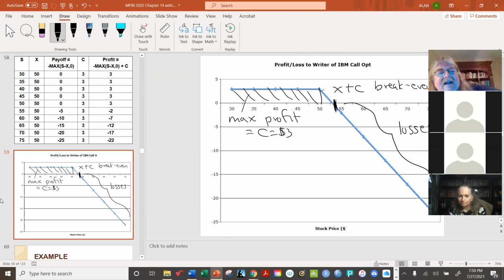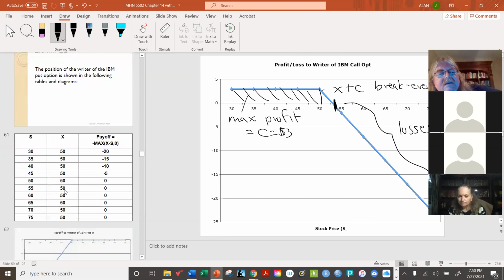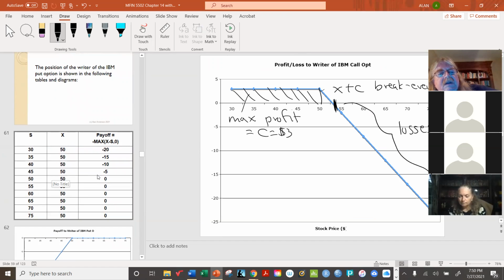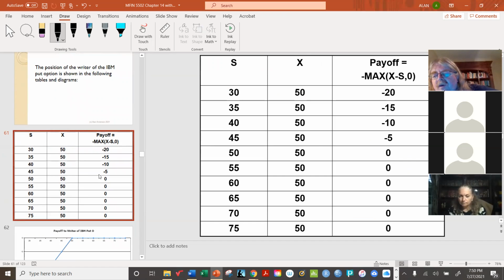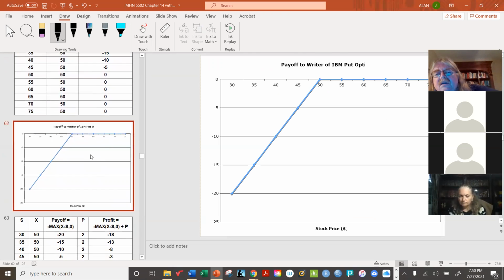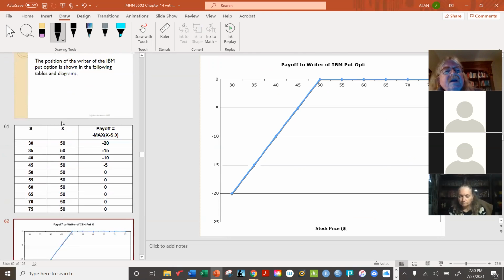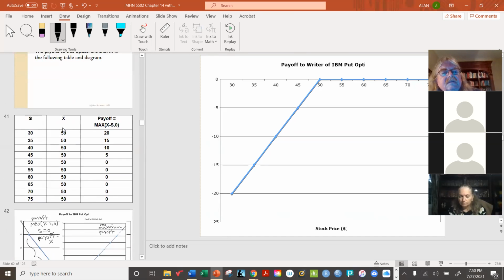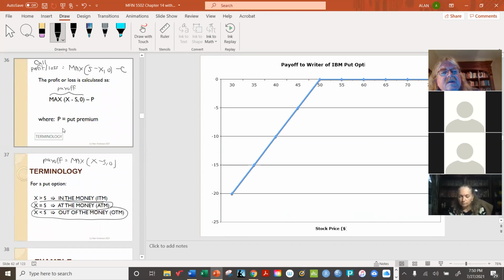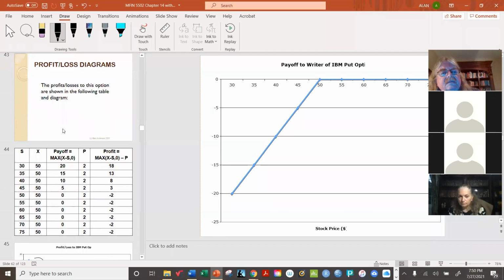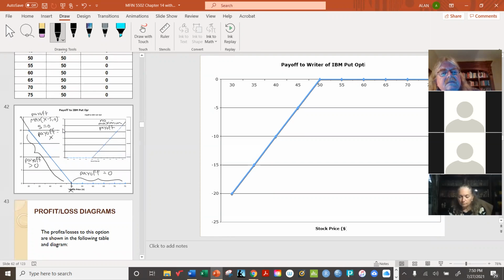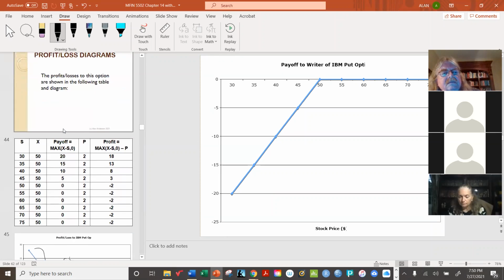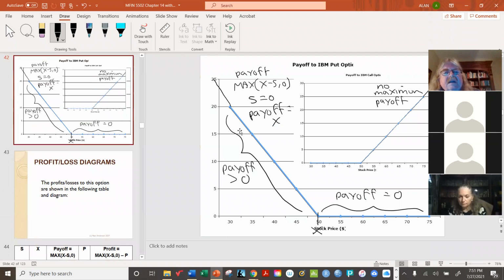All right. Now, what about the puts? Well, the put is going to be the reverse of what we had for the buyer. So let's take a look. Let me go get the diagram for the buyer real fast, because that way you can see them side by side. Okay, here it is.